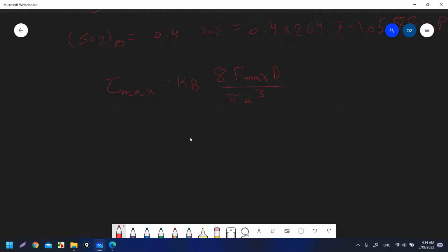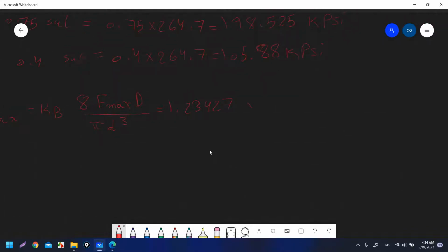We calculated KB at the beginning, so it is equal to 1.23427 times 8 times 5.25 times 0.213 over pi times 0.035 cubed. This will give you that tau max is equal to 82 kilopound per square inch.